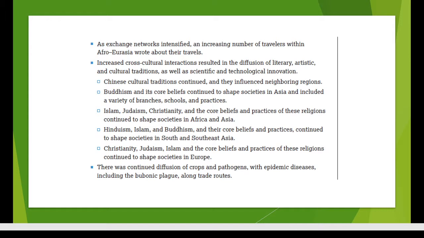And it did spread, the ideas of Confucianism do spread to neighboring regions like Korea, Japan, Vietnam. Filial piety, good.